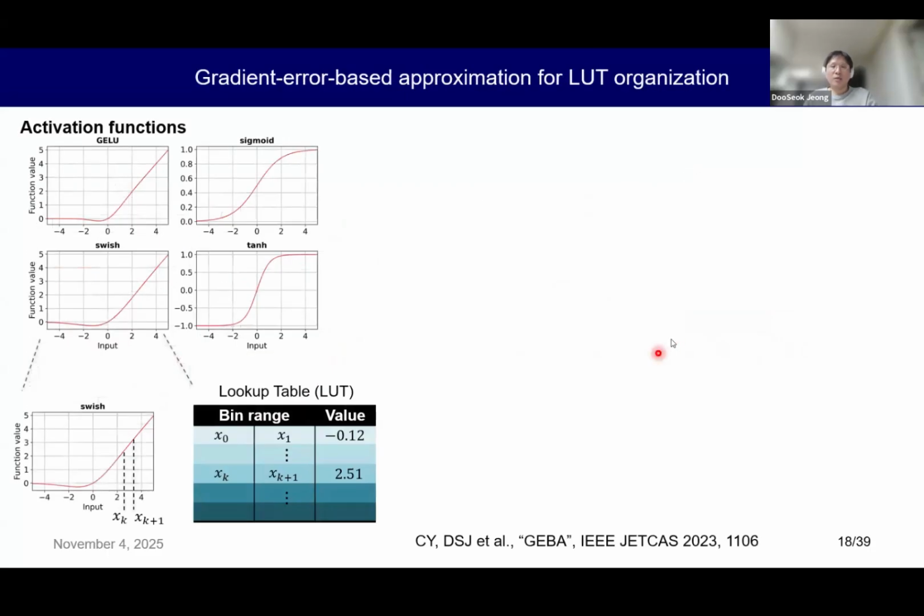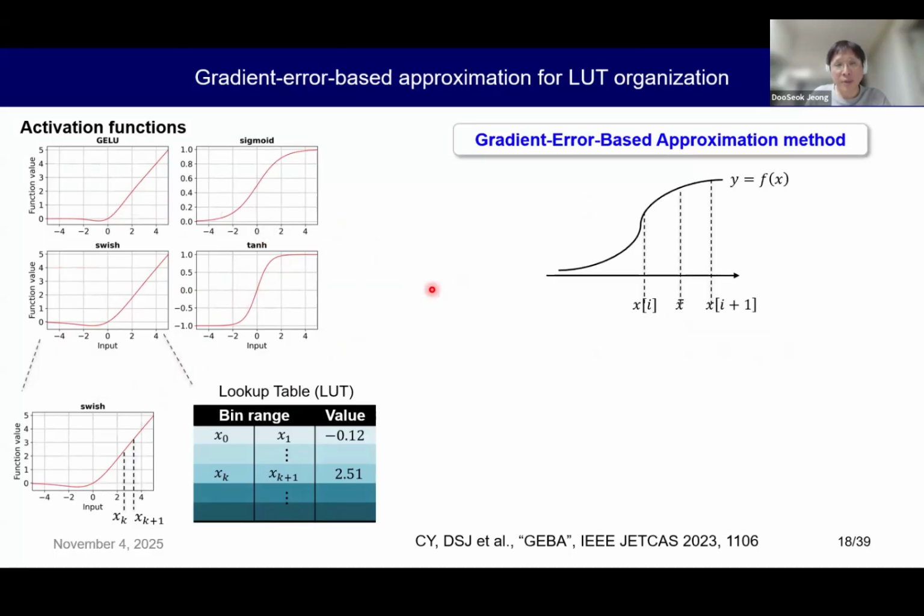So we came up with the idea that we can build the lookup table not just by uniformly distributing delta x along the input, but instead we can use the gradient. So we can use a gradient based organization of a lookup table. The idea is very simple. If you have this nonlinear function, it has this kind of sigmoid behavior.